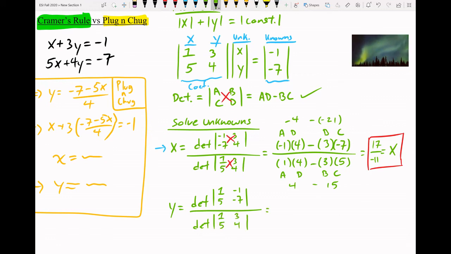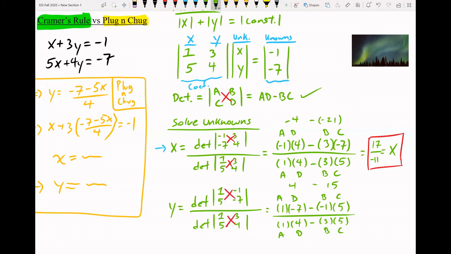Okay, and so when we do this, we'll get 1 times negative 7 minus negative 1 times 5, A, D, B, C. And then we'll get 1 times 4 minus 3 times 5, A, D, B, C. Okay, and it's just from that multiplication there.